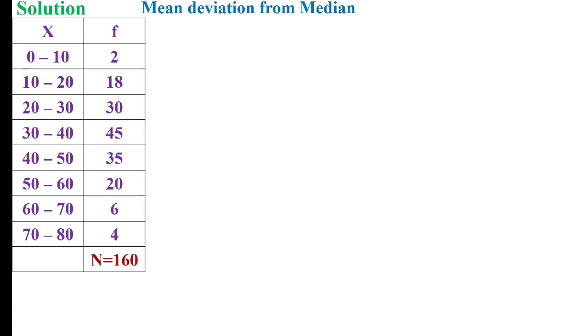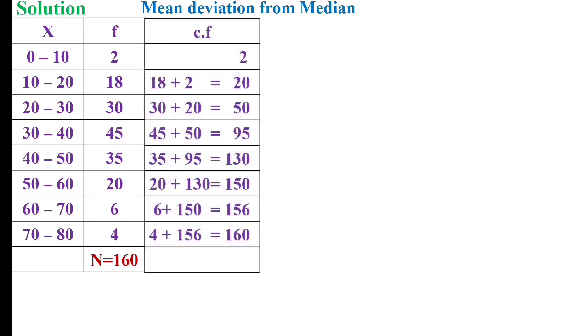The frequency of the first value stays as it is, then 18 plus 2 equals 20, 30 plus 20 equals 50, 45 plus 50 equals 95, 35 plus 95 equals 130, 20 plus 130 equals 150, 6 plus 150 equals 156, 4 plus 156 equals 160. This 160 and the total frequency 160 match, so we can say the values we found are correct.